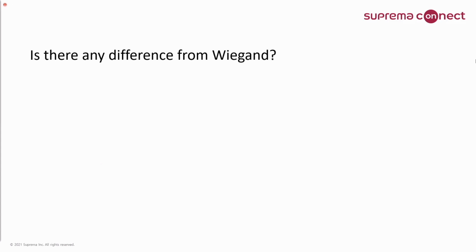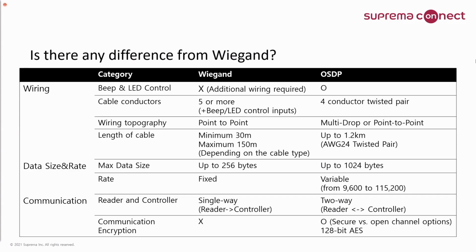What's the difference between OSDP and Wiegand? I divided the sections into wiring, data, and communication. Shall we look at wiring first? Usually, there are 3 Wiegand data lines. However, the beep and LED cannot be controlled with these 3 wires because it is a one-way method.